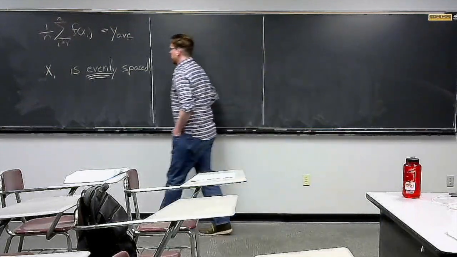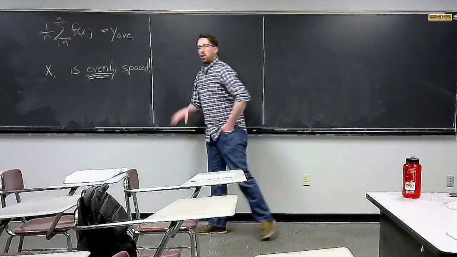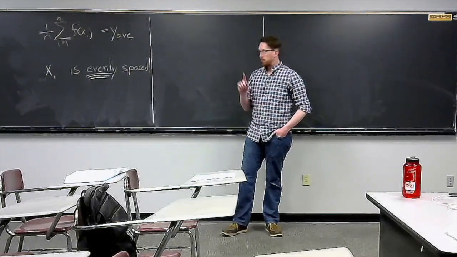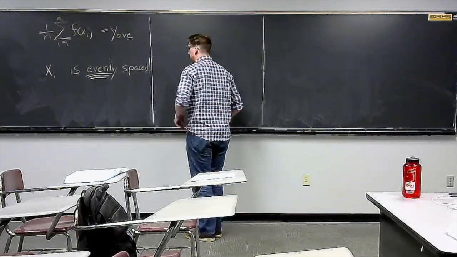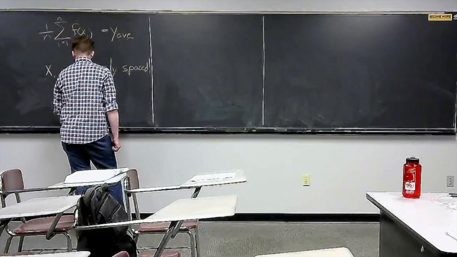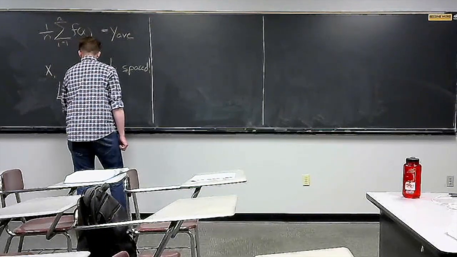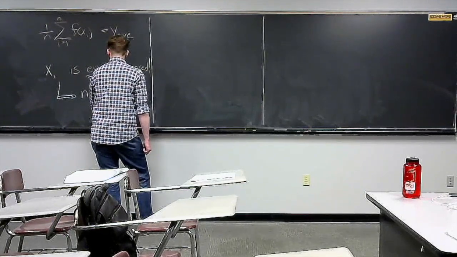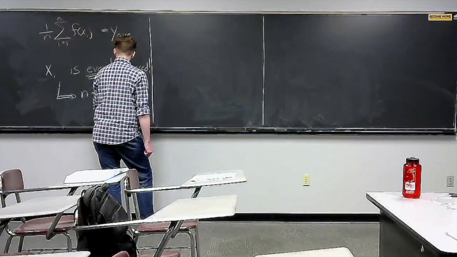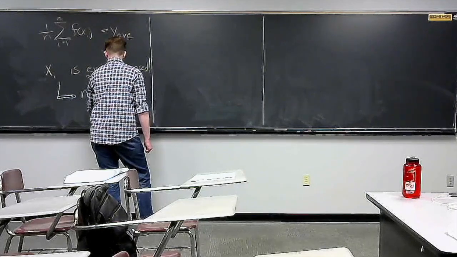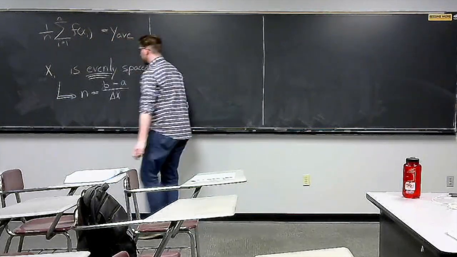Well, let's assume that all of our x values are evenly spaced. Then, if that's the case, this tells us that n is equal to your last x value minus your first x value, divided by the distance between your x values, right?